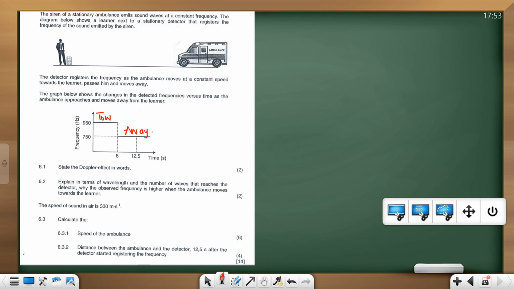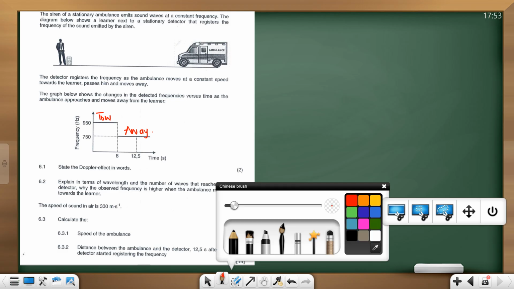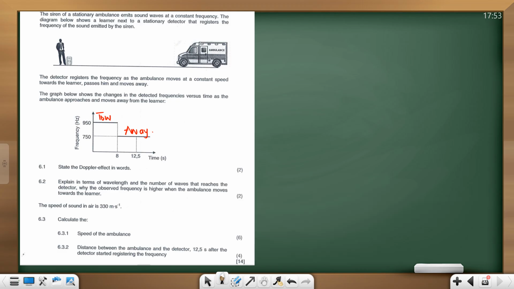Explain in terms of wavelength and the number of waves that reach the detector why the observed frequency is higher when the ambulance moves towards. Let me help you with that explanation, 6.2. As the ambulance moves towards, or approaches, two things will happen.